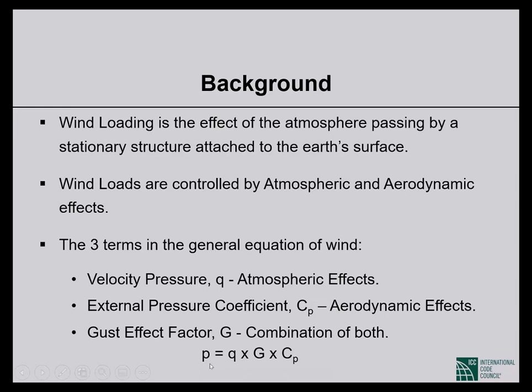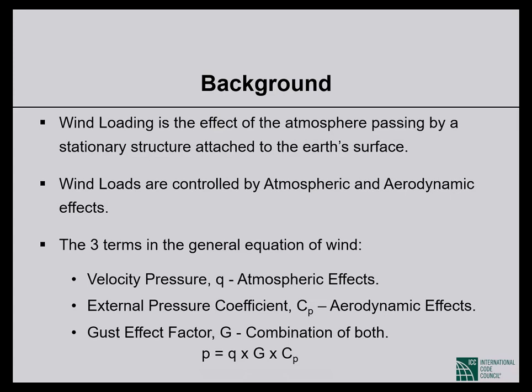The basic equation that we use in wind design is the last line on the slide. P, the pressure due to wind, is equal to Q, which we call the velocity pressure, multiplied by a gust effect factor, multiplied by an external pressure coefficient C sub P. Obviously, each of these terms will be explained in quite a bit of detail in the rest of the seminar.